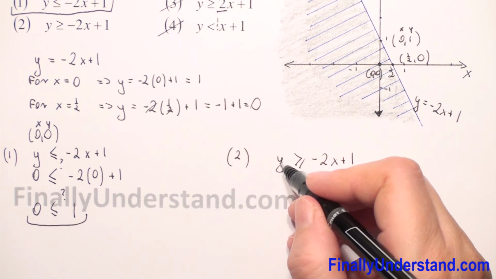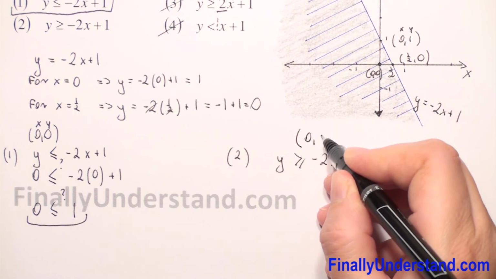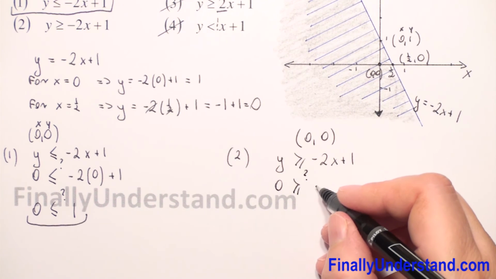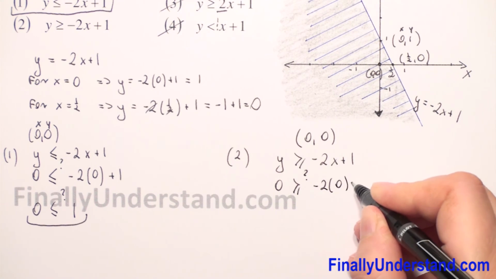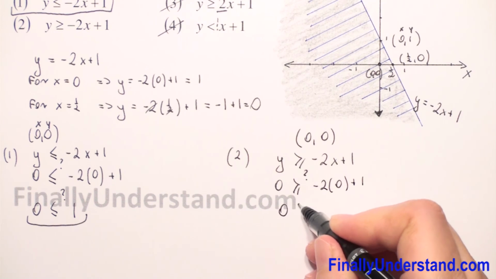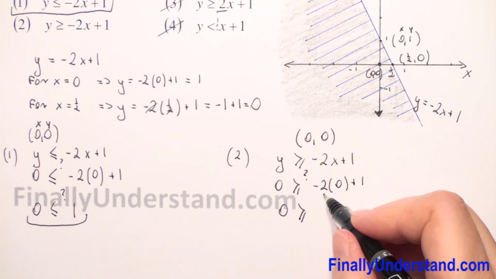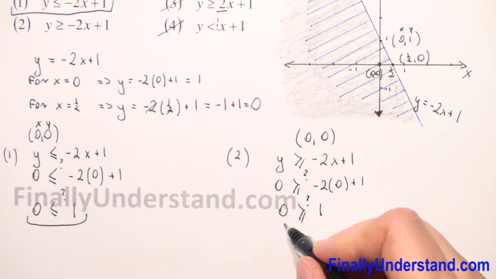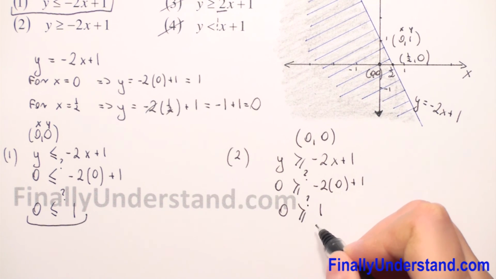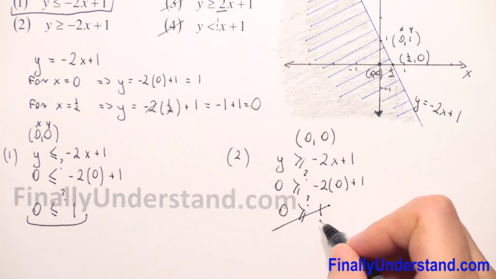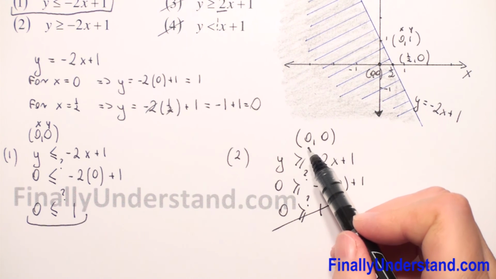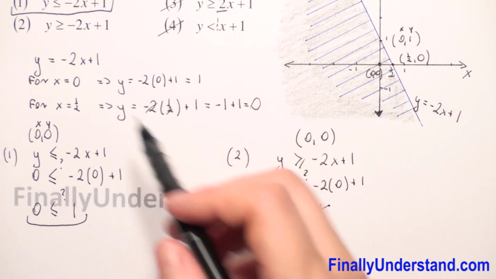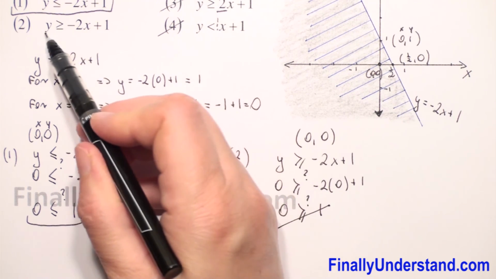So x we will substitute by 0 and y by 0. So it will be 0 is greater than or equal to negative 2 times 0 plus 1. 0 is greater than or equal to negative 2 times 0, which is 0, plus 1 is 1. 0 is greater than 1 is not true. So it means that point 0, 0 doesn't belong to the solution of this inequality.